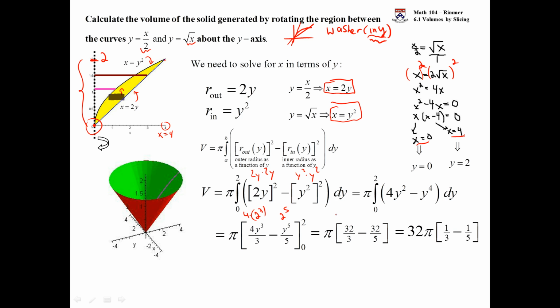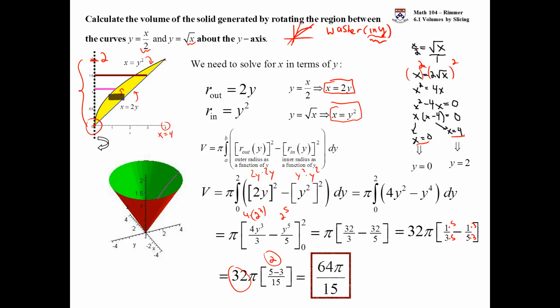We'd much rather deal with 1/3 minus a fifth than 32/3 minus 32/5. Then we get a common denominator of 15, and so we have 5 of those 15's, and we take away 3 of those 15's. So we have 2 of those 15's, and we take the 32 together with this 2 for a final answer of 64 pi over 15.